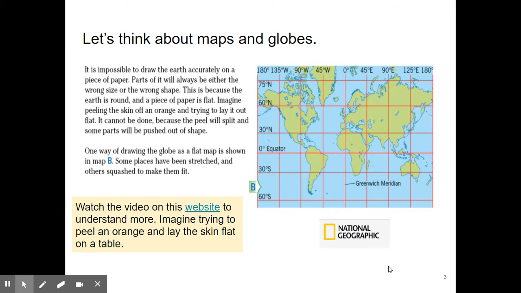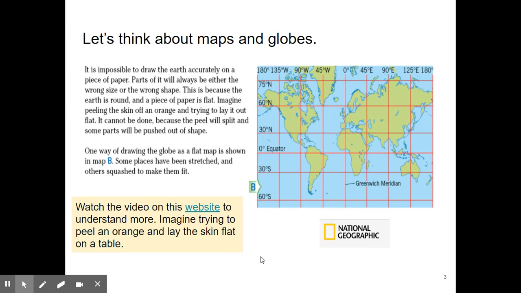Now that means that maps aren't 100% accurate, because it's impossible to put the surface of a round planet flat onto a piece of paper or onto a screen. So map makers have to make some little adjustments to the world so that they can actually do that.